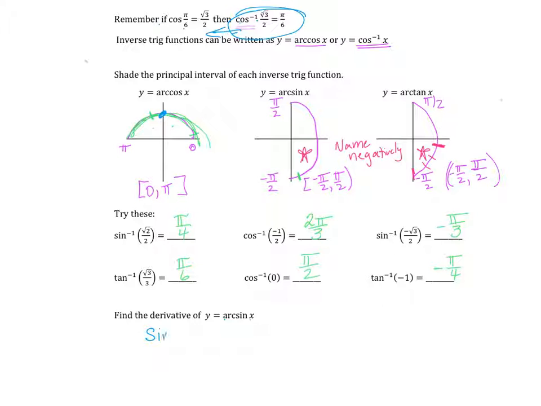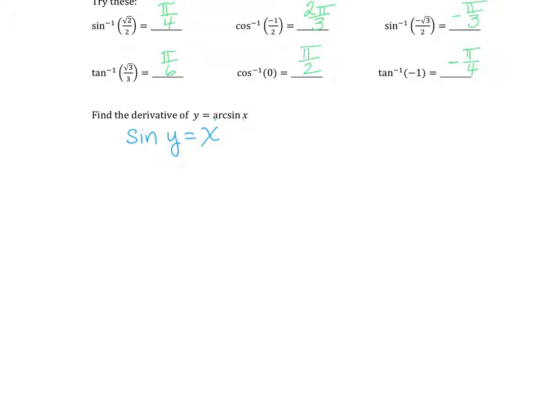I could write that the sine of y is equal to x. Now let me use implicit differentiation and take the derivative with respect to x. The derivative of sine of y would be cosine y dy dx. And then, of course, the derivative of x is equal to 1.